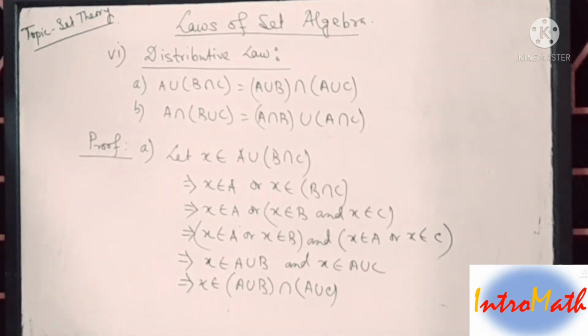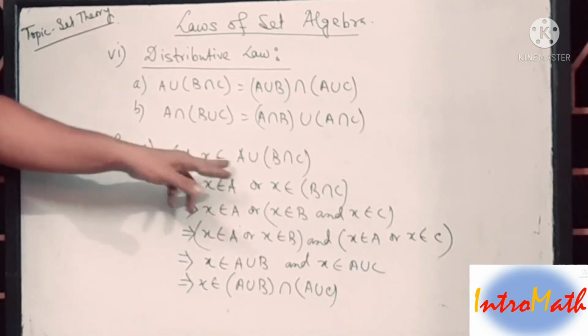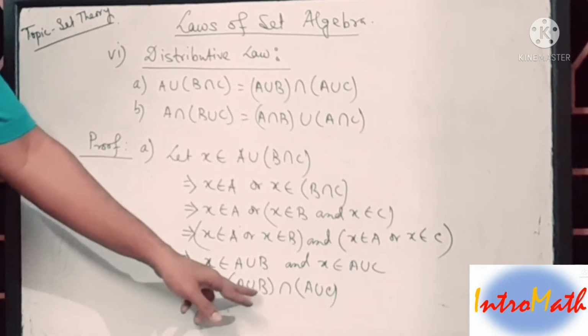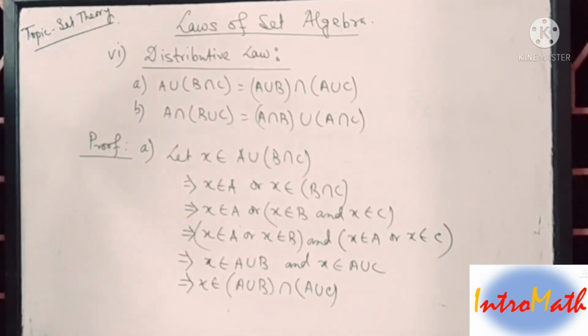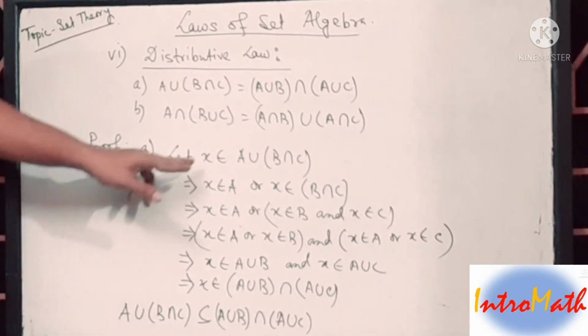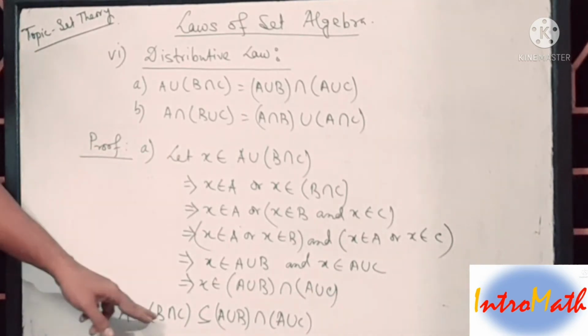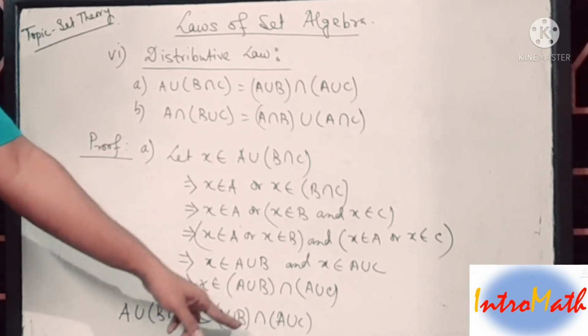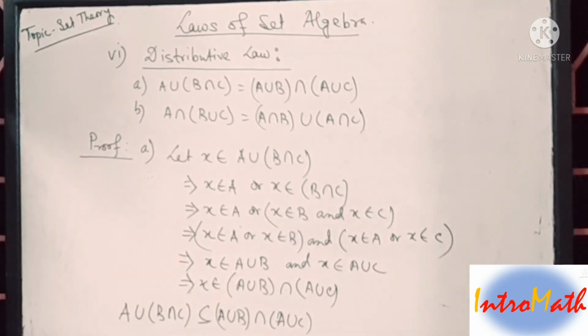So A union (B intersection C) is a subset of (A union B) intersection (A union C).